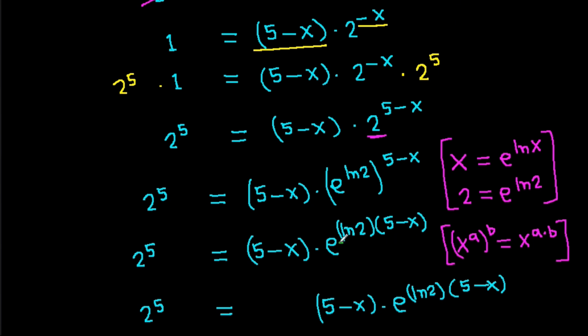And here we have ln 2 times (5 minus x), and here we have 5 minus x.